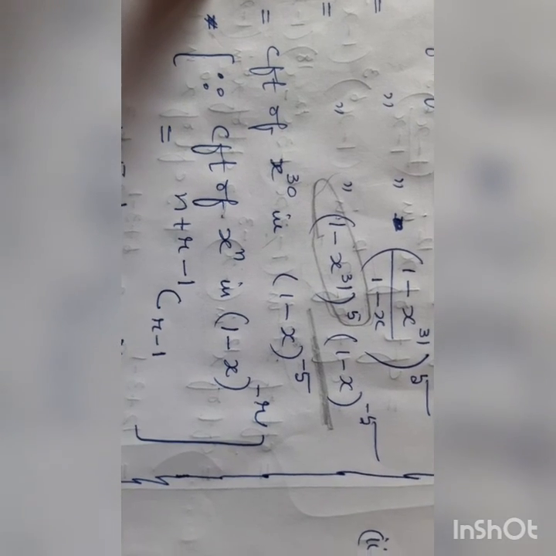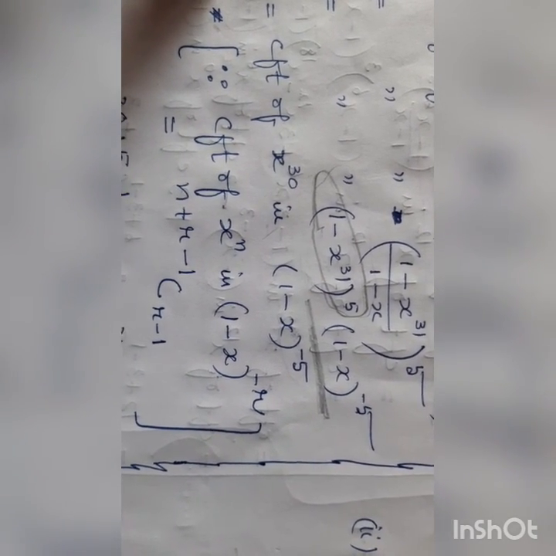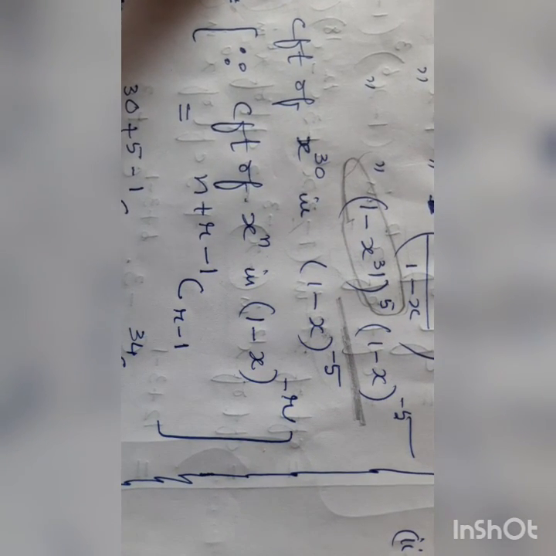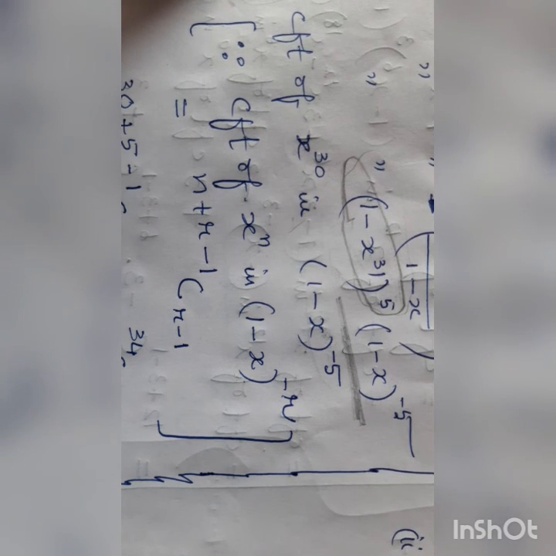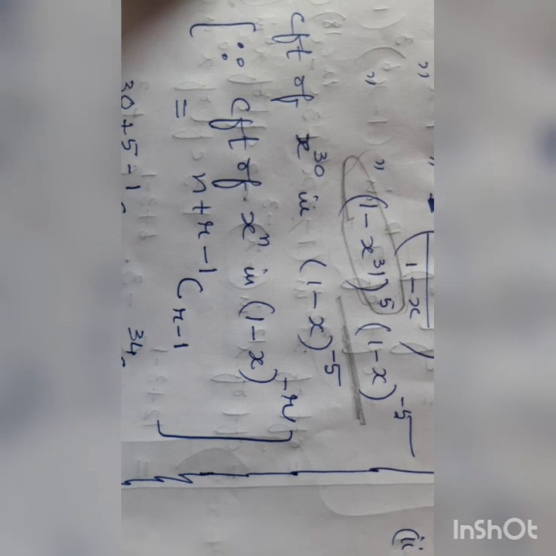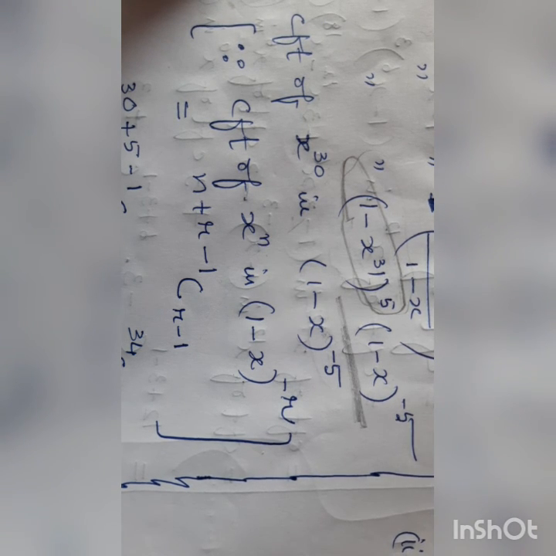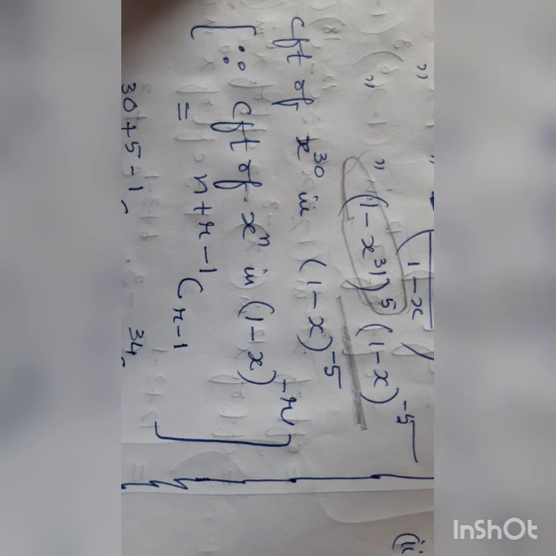The formula in binomial expansions is, coefficient of x power n in (1 minus x) whole power minus r equals n plus r minus 1 C r minus 1.